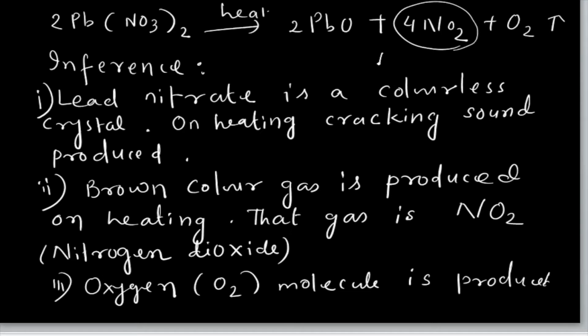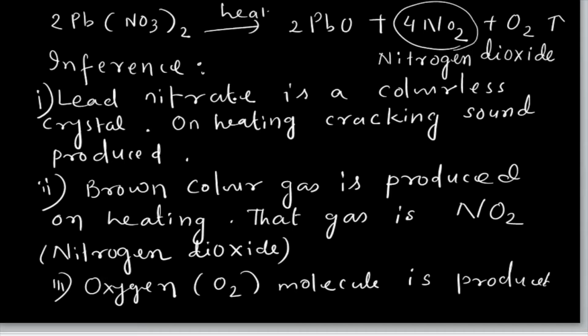So, inference: what are the main products? Nitrogen dioxide, which is brown in color, oxygen, which is colorless, and PbO, which is also colorless. This is lead oxide, and this is nitrogen dioxide, which is brown.